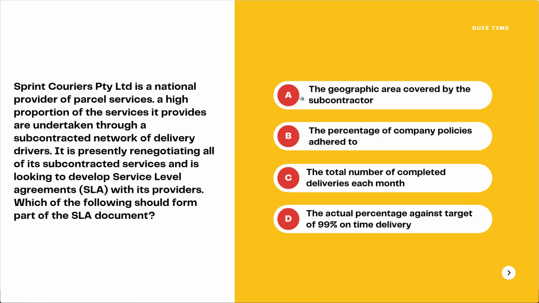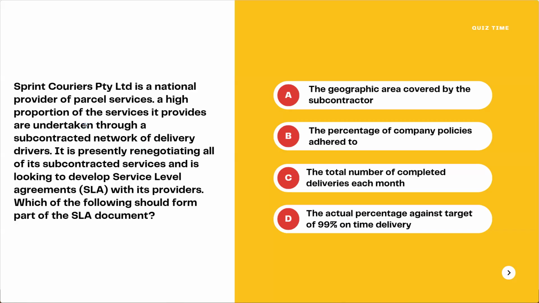Okay, this question could be a little bit more difficult. Sprint Carriers Private Limited is a national provider of parcel services. So they are providing the delivery service, right? A high proportion of the service it provides is undertaken through a subcontracted network of delivery drivers.